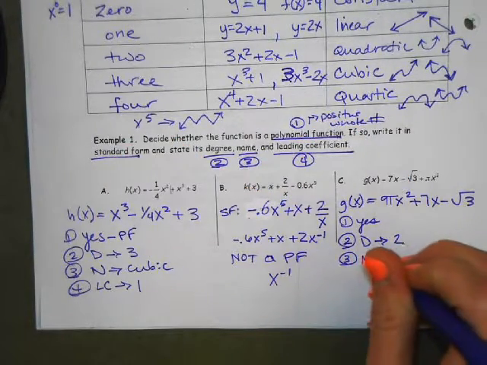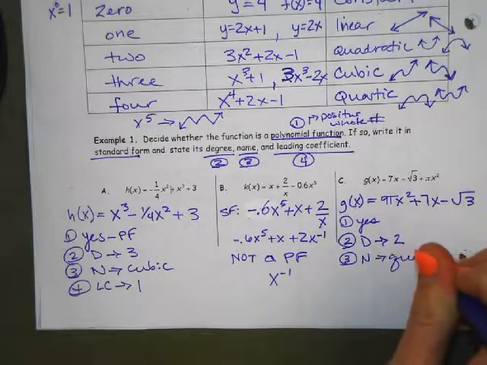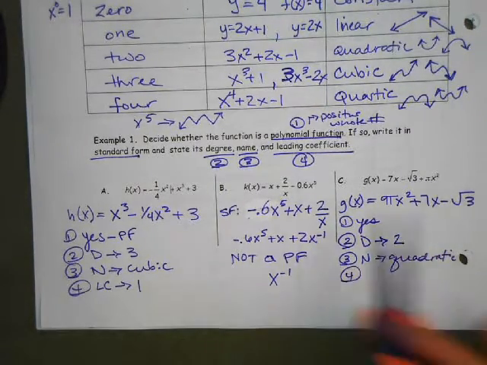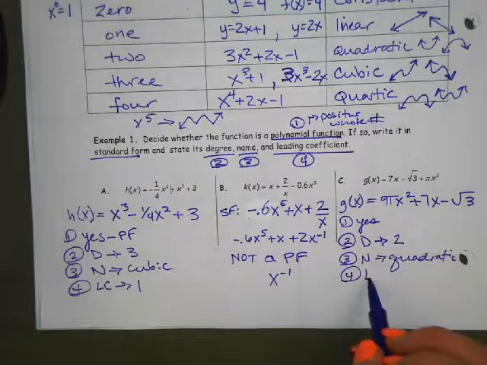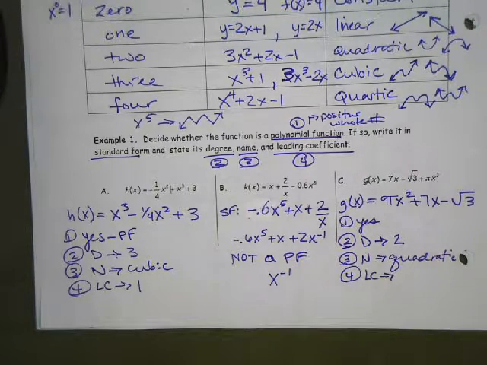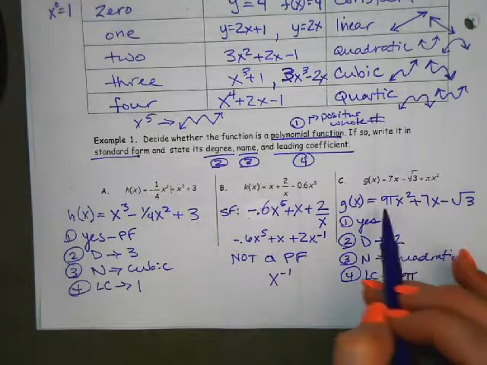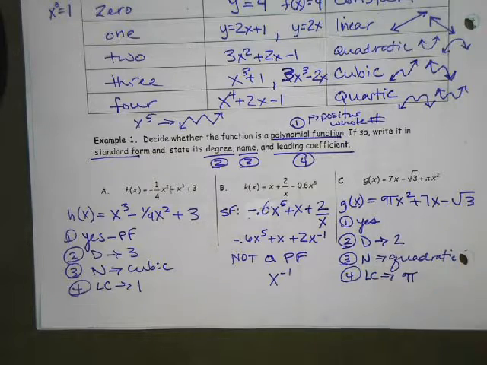So the name is quadratic. And then 4, what is the leading coefficient? What is the value in front of it? Yep, pi. It is pi. So that is the value in front of the x squared, so that's the leading coefficient. Okay? All right, questions on that?